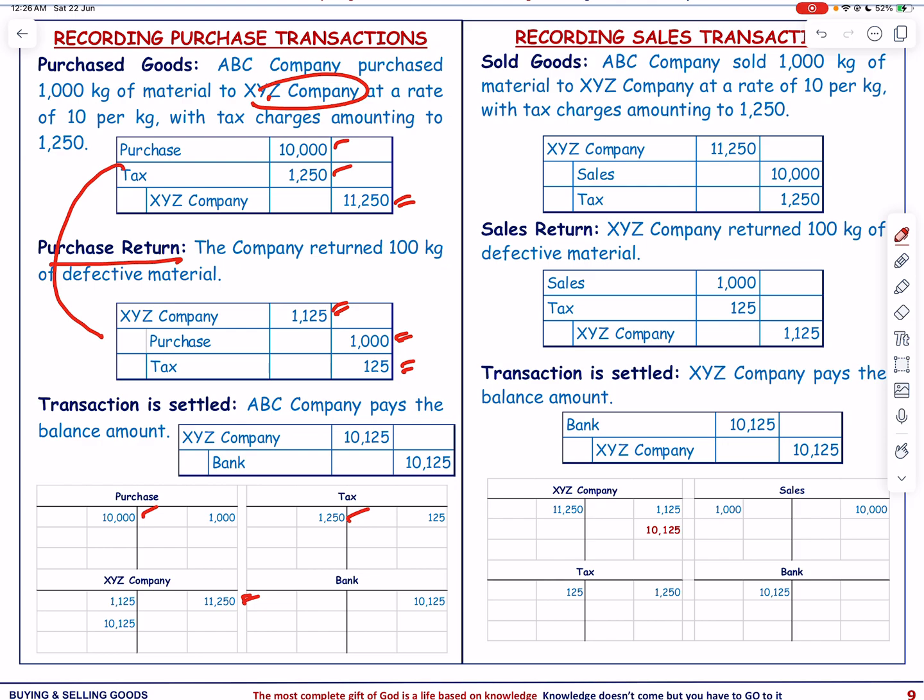Then XYZ company is debit for purchase return, and then purchases are credit by 1000 and taxes are credit by 125, and the balance amount is paid to XYZ company. So now you can see XYZ company is debit and bank is credit. You can simply see how things happen when we do the purchase and when we have the sales. So you can have a comparison between the two.